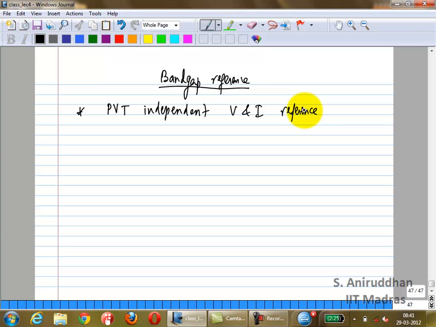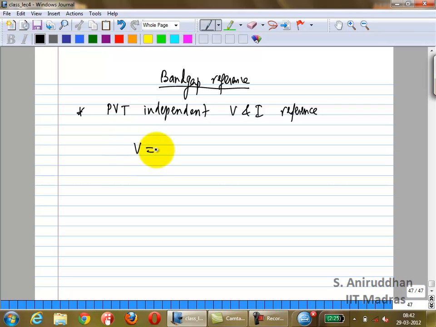That will give you a current: VDD minus VGS over R. But if you change temperature, VGS is going to change, R is going to change, your current is going to change. If you change supply voltage, it's going to change. So definitely that is not going to work. Anything depending on an IC resistor is not going to work out.